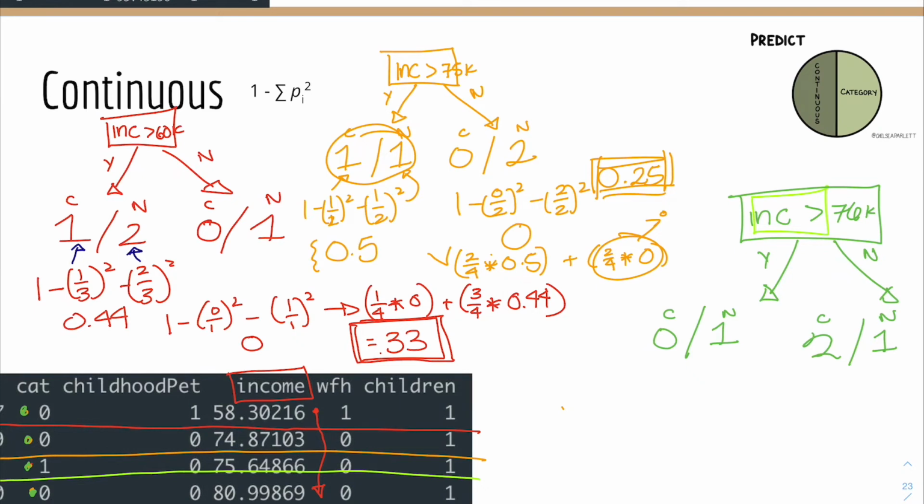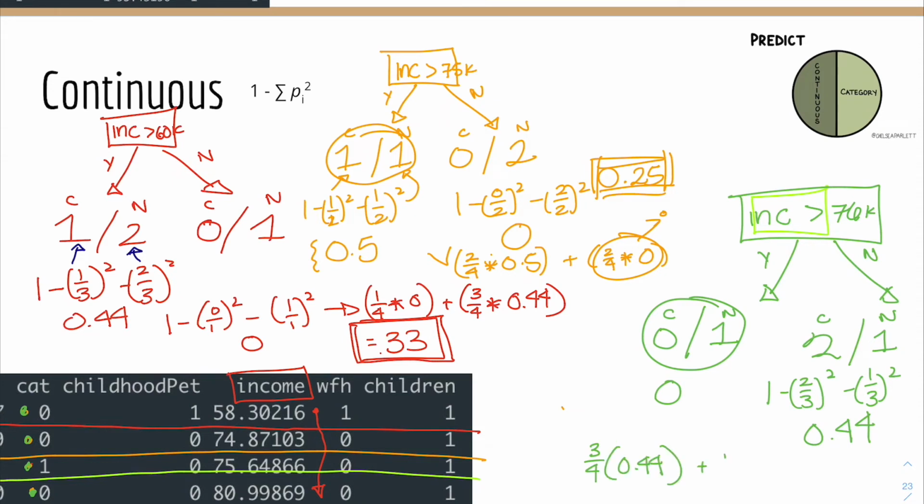So let's calculate the impurity. Well, look, we see over here that there's only one category that's represented in this node. So we already know the impurity here is 0. In this node, we have 1 minus (2 over 3) squared minus (1 over 3) squared, and that's going to be equal to 0.44. And again, we've got to create a weighted average, so we're going to have 3 over 4 times 0.44 plus 1 over 4 times 0, which is just 0, and we end up with an overall impurity of 0.33.